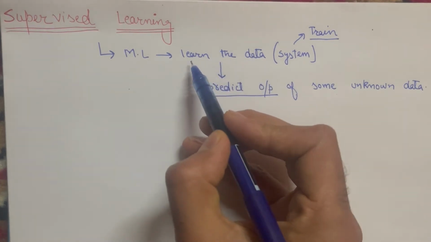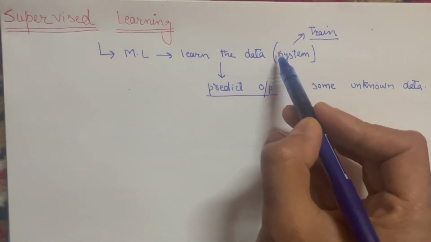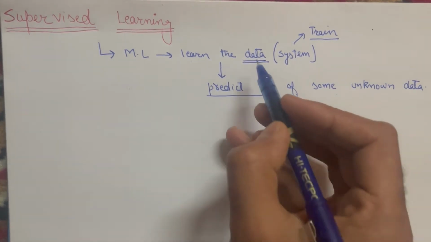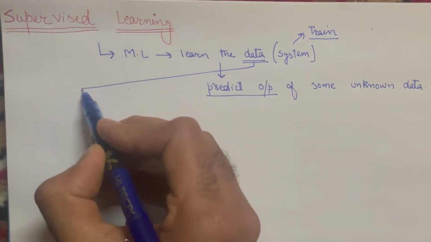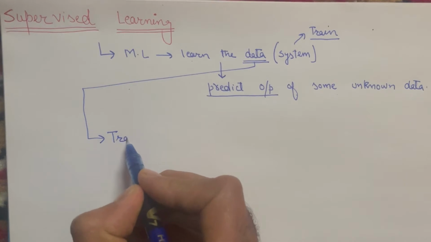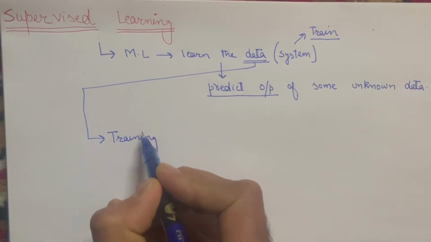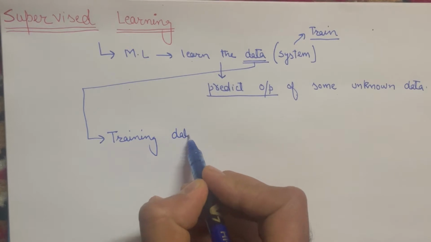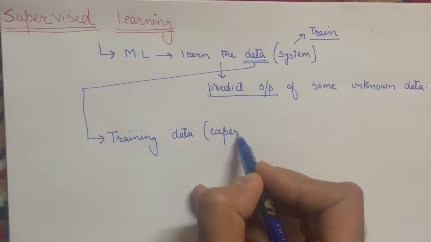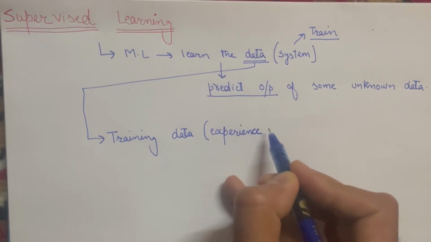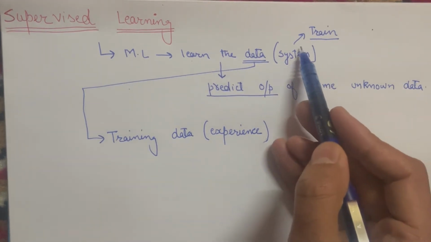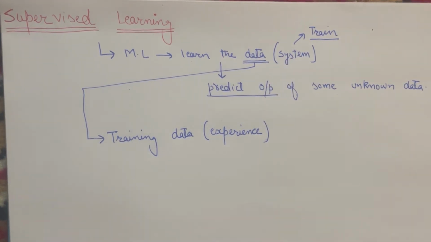Now you can see that for learning, or we can say for training a system, we need data. There should be some ready-made data available with us. So we have training data, or we can say this is our experience from which we want to train our system, or we can say we want to make our system intelligent.